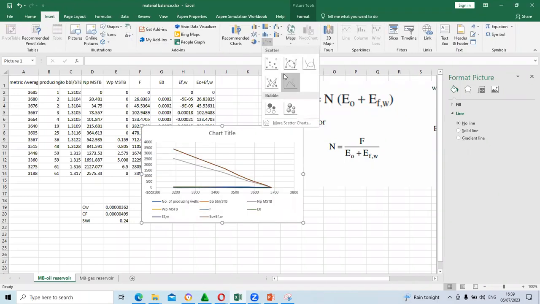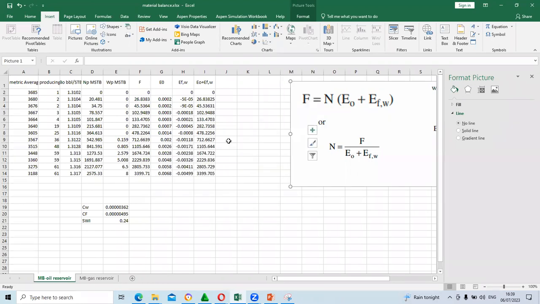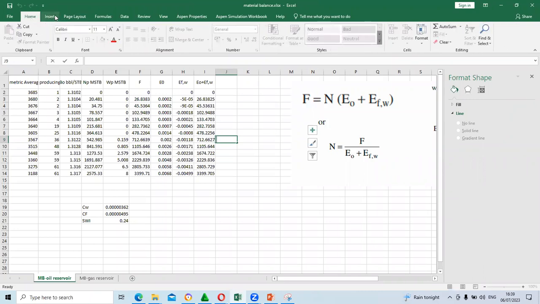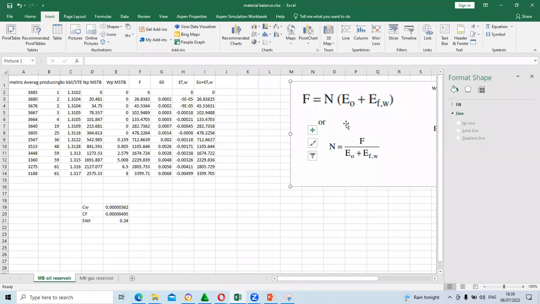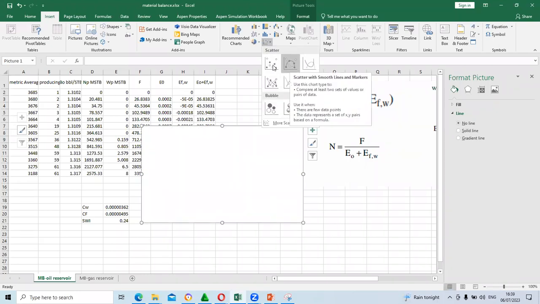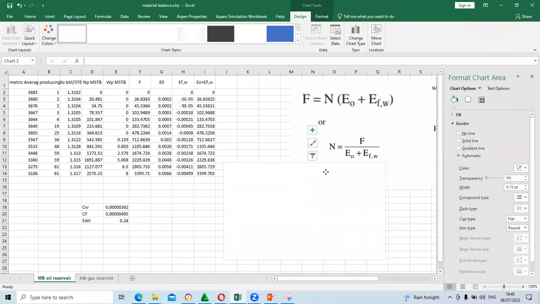We take our, oh, let's not highlight anything. So we take, all right, scatter plot. We take scatter plot. We select our data.